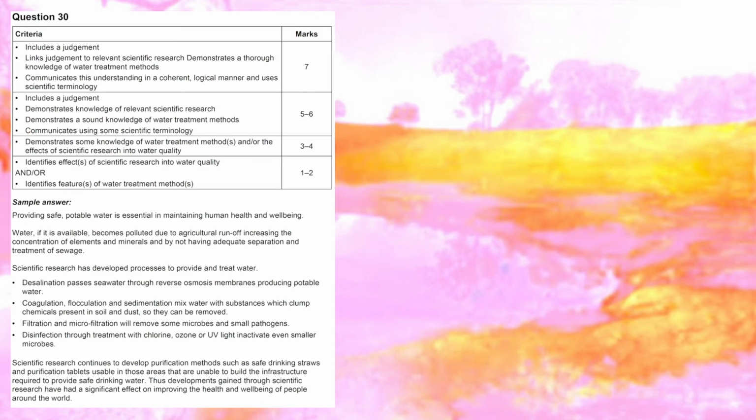That last little bit communicates with a coherent, logical manner and uses scientific terminology. You can see that is really the difference between getting a 5 or 6 and getting into that 7.